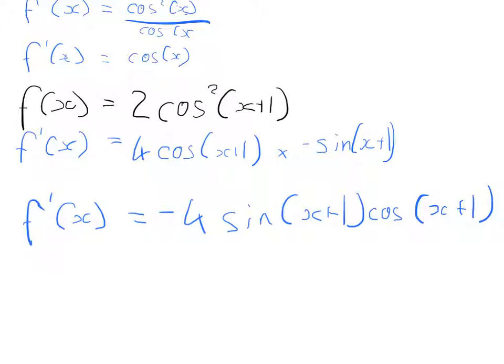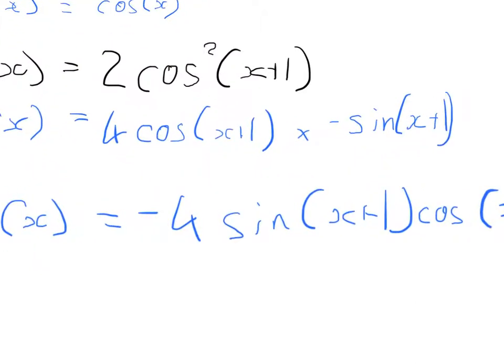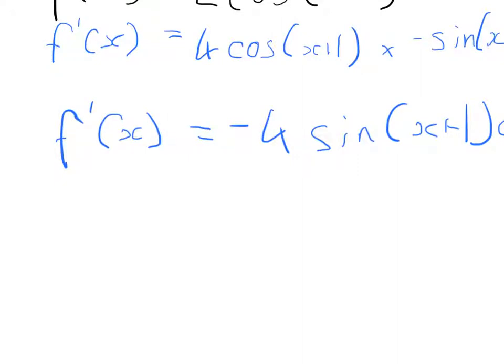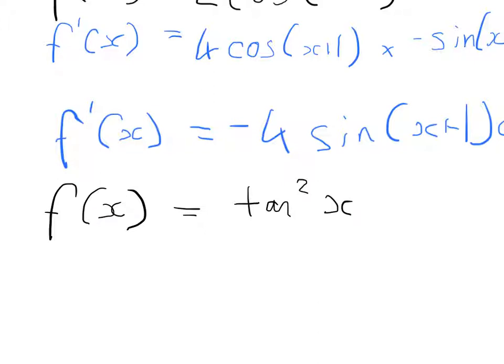Okay, last one, let's have a look at this. f of x equals, let's go with tan squared of x cubed. That makes it a little more interesting. So the first thing is we differentiate the outside, so that's the squared.